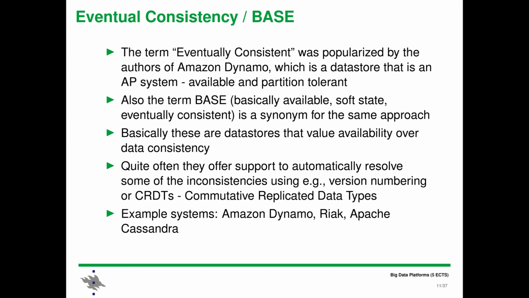And if you do the merge on your own, using whatever application-specific technique you have available, then you can write back to the database a single value that will override all the existing conflicting versions, and then it is consistent.